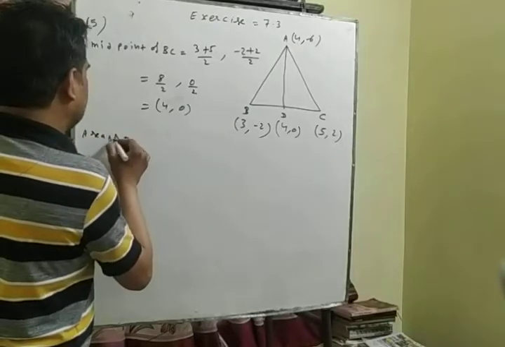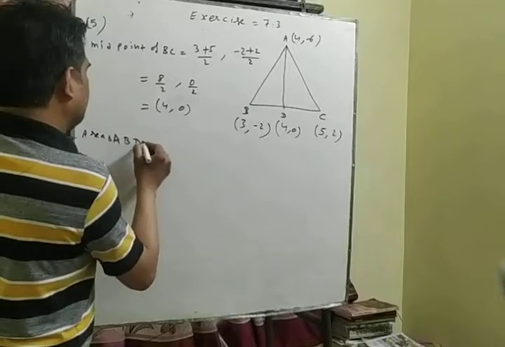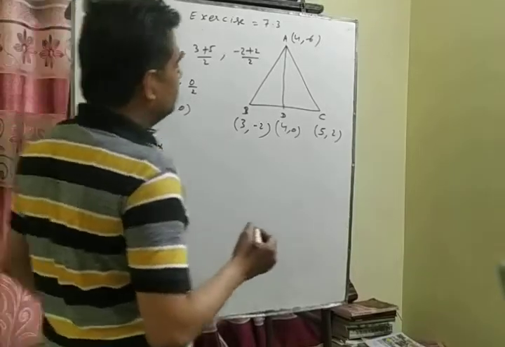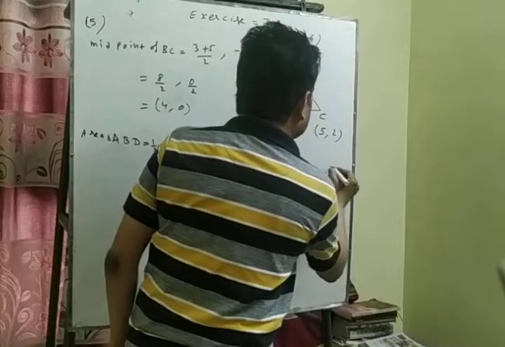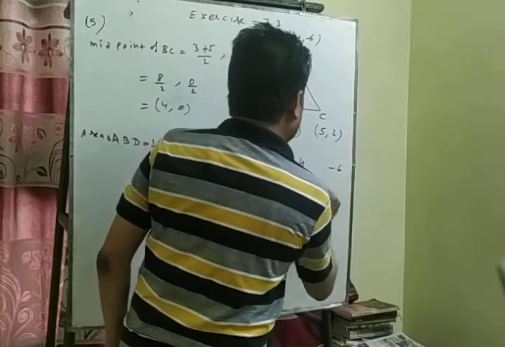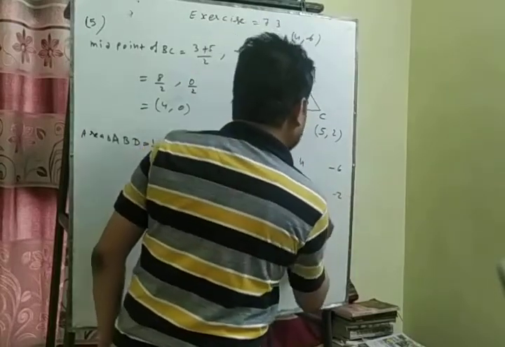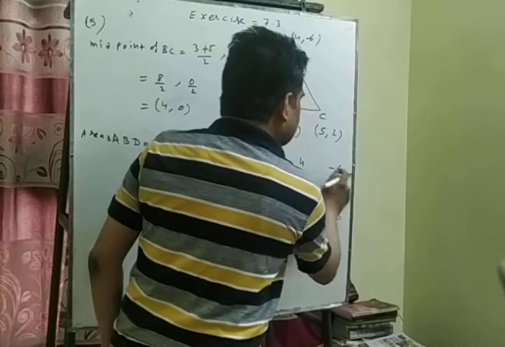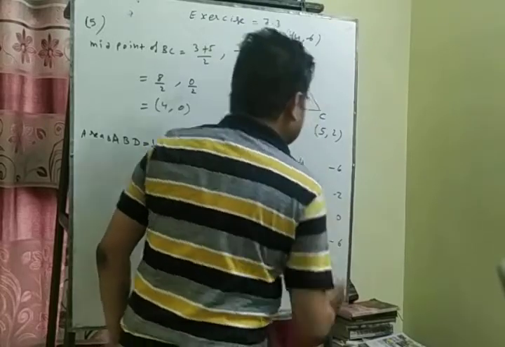Area of triangle ABD is 1 by 2 into, firstly we write 4 minus 6, second 3 minus 2, 4 0. After that, this side again 4 minus 6.